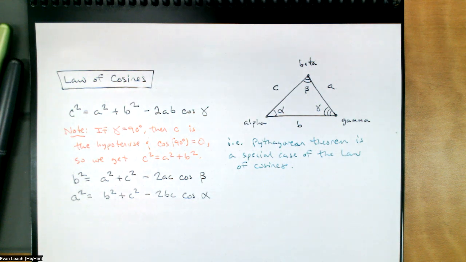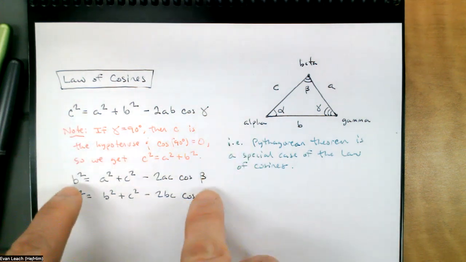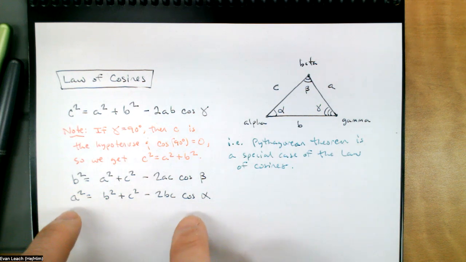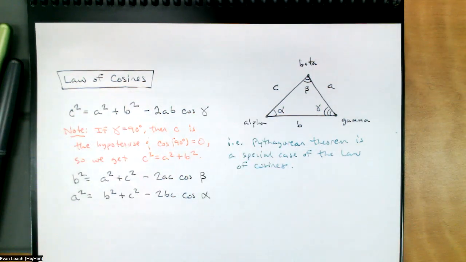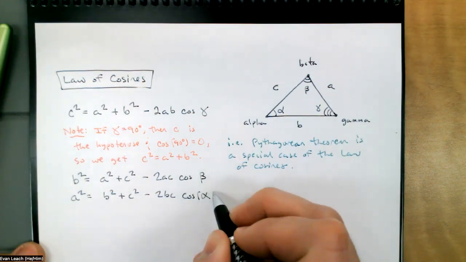Strictly speaking, we don't need all these different versions. All we're doing is switching the names around. Notice the ones on the outside is the opposite pair, C and gamma, B and beta, A and alpha. So the opposing pair sits on the outside of your law of cosines. It's starting to bug me that these aren't in parentheses.